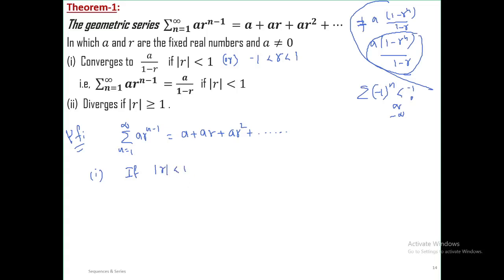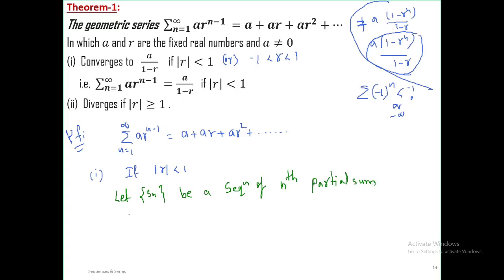So for convergence of a series, we need to look at the sequence of nth partial sums, right? If the sequence of nth partial sums converges, then the corresponding geometric series also converges. So first let us generate the sequence of nth partial sums. Let S_n be the sequence of nth partial sums.